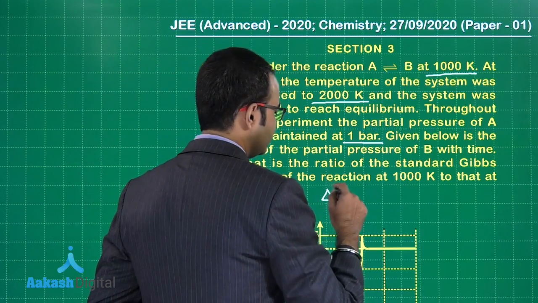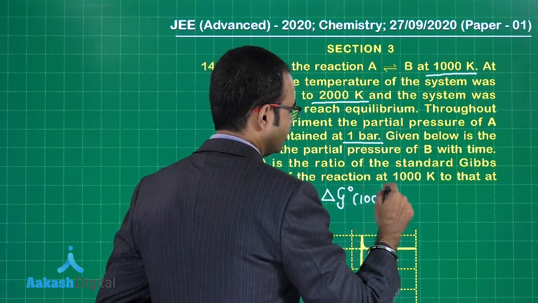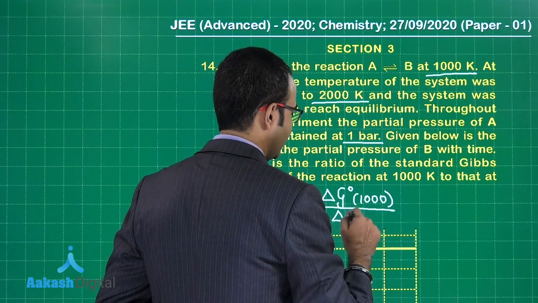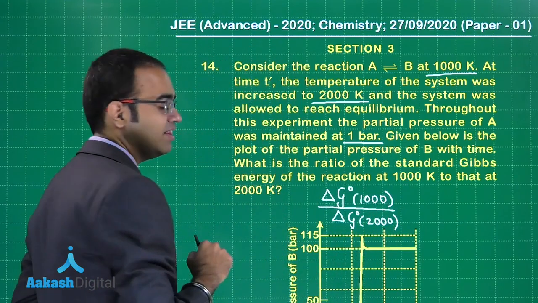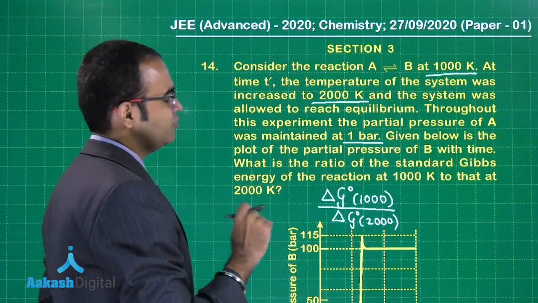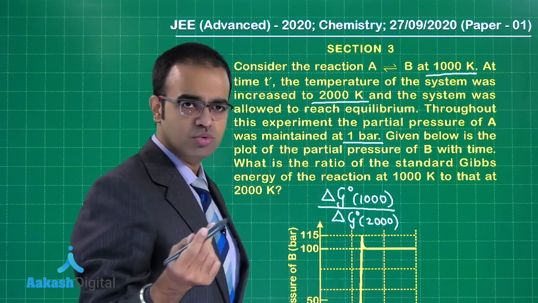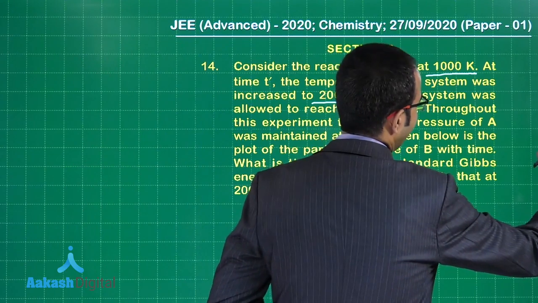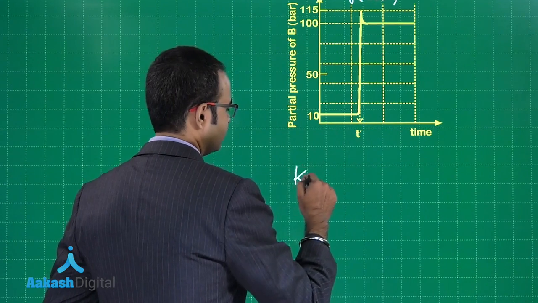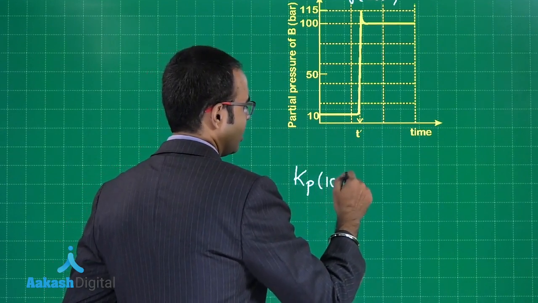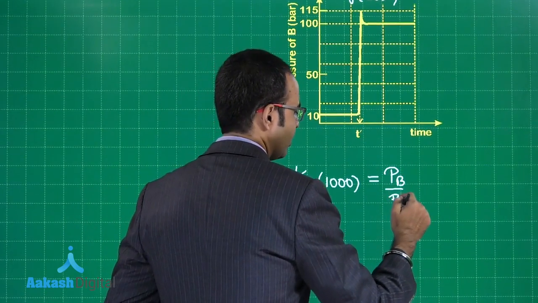We have to find out delta G naught at 1000 divided by delta G naught at 2000. For calculating this, first we'll have to find out delta G naught at 1000 and delta G naught at 2000. So let us look at the values of K. Kp at 1000 will be Pb by Pa.